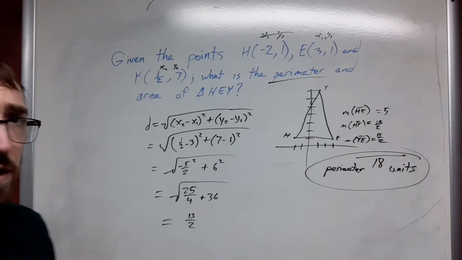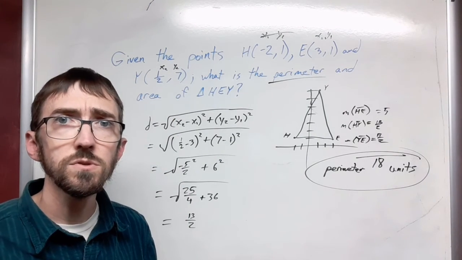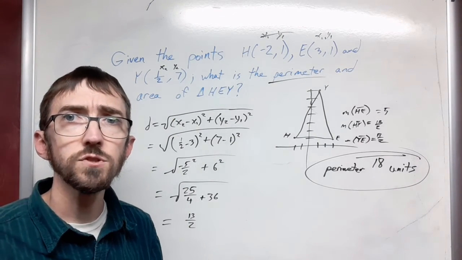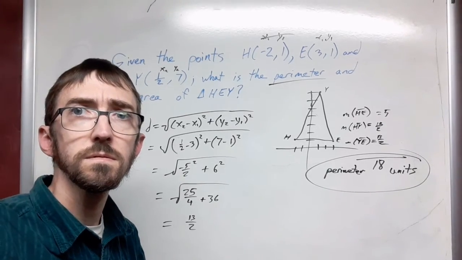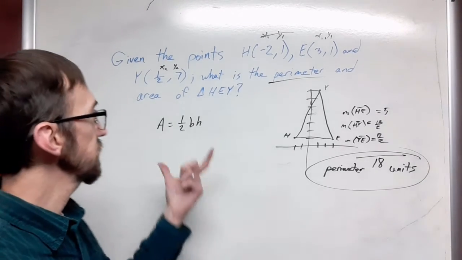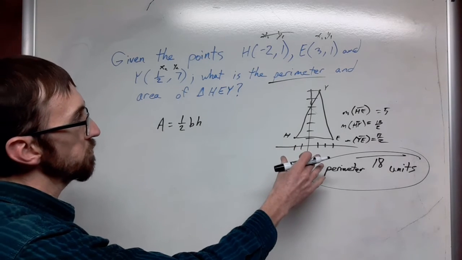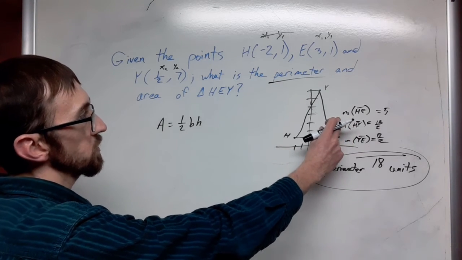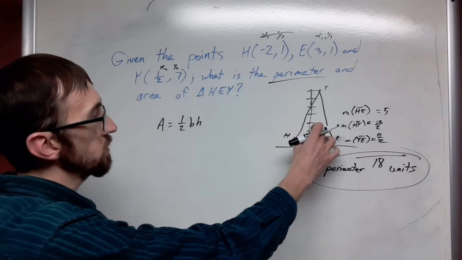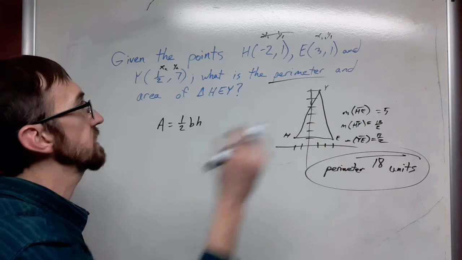So the question of area, we're going to need to use the area formula for a triangle. And the area for a triangle is 1/2 base times height. Well, we know what the base is because that was the measure of HE, but we don't know the height yet.